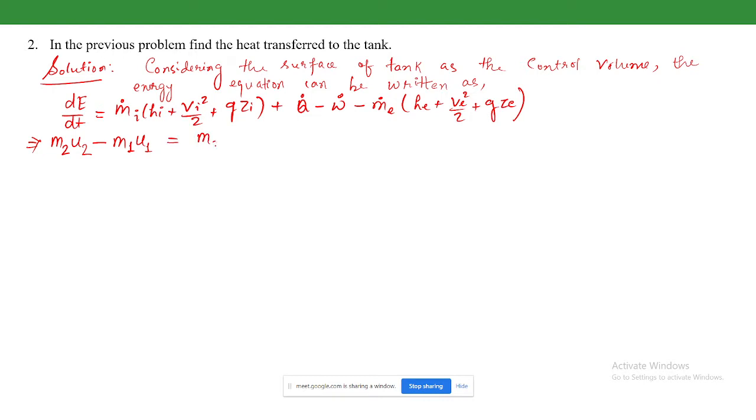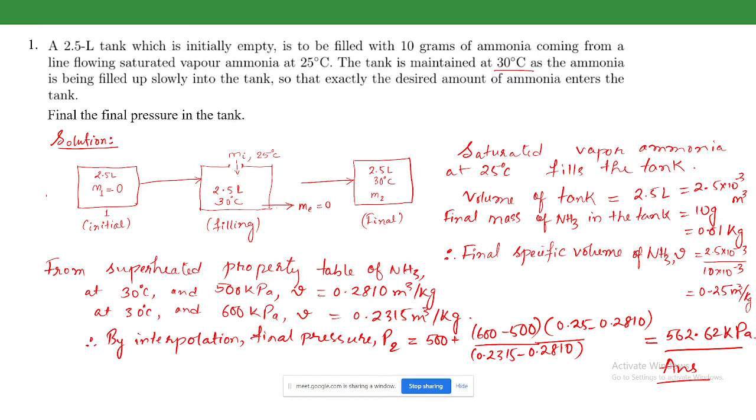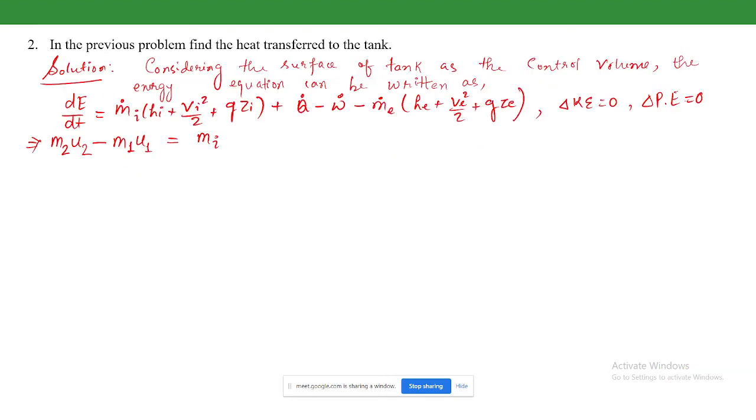This is equal to mi hi, and we neglect the changes in the kinetic and potential energy, that is delta kinetic energy is equal to 0, delta potential energy is equal to 0, and since it does not involve any moving surface, the work done will also be 0.